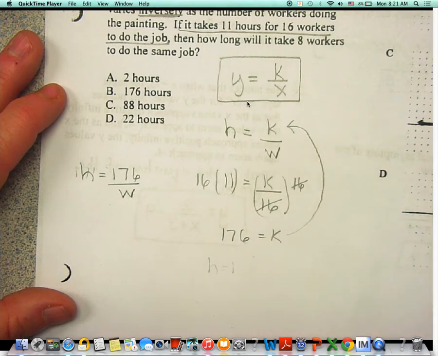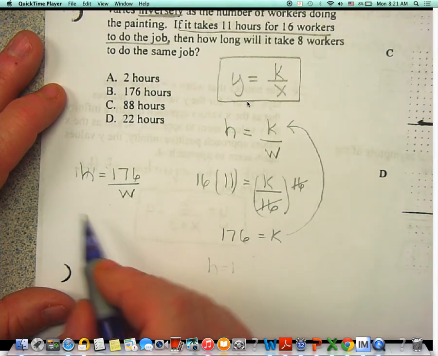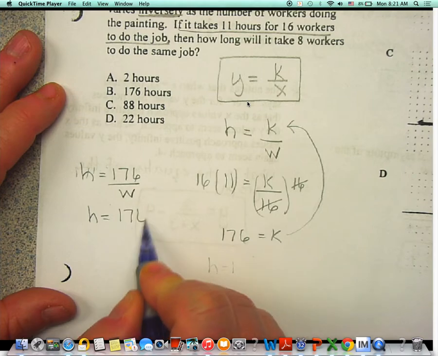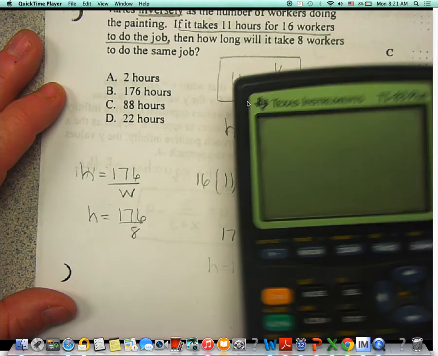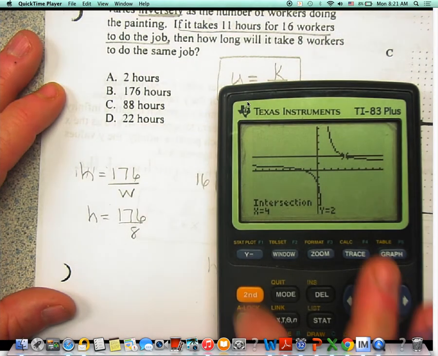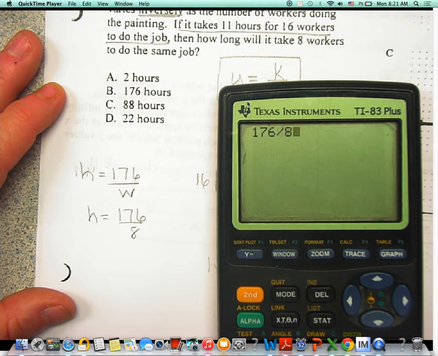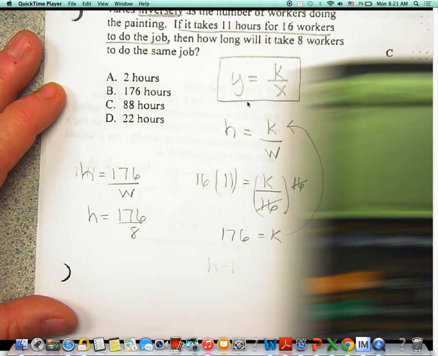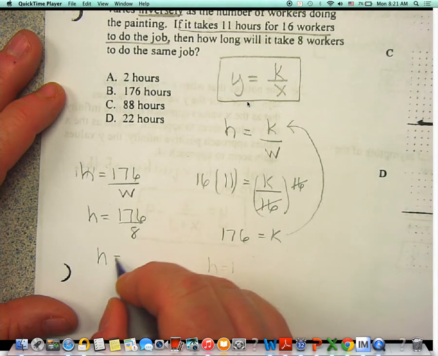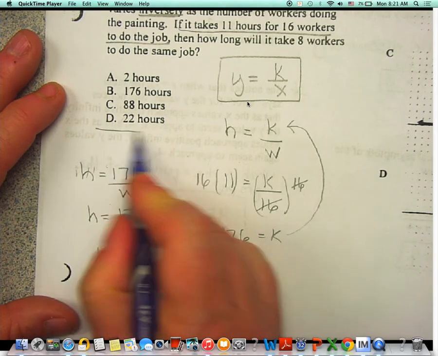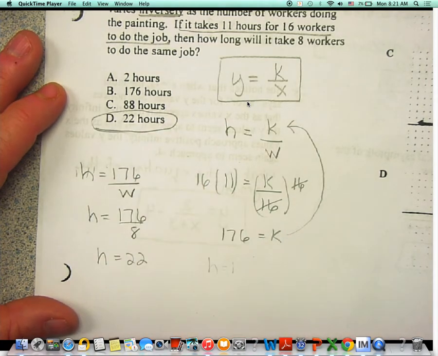So where do I put the 8? W. Okay, so H equals 176 divided by 8, 22. And that was one of them.